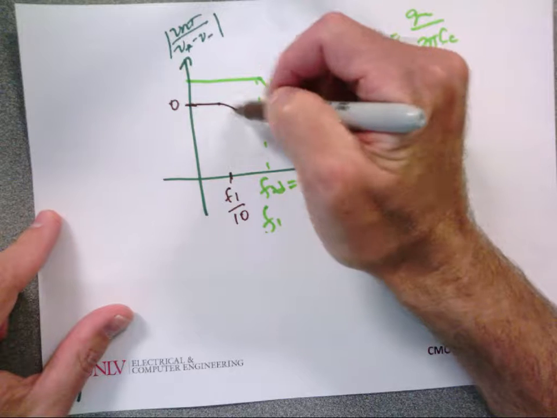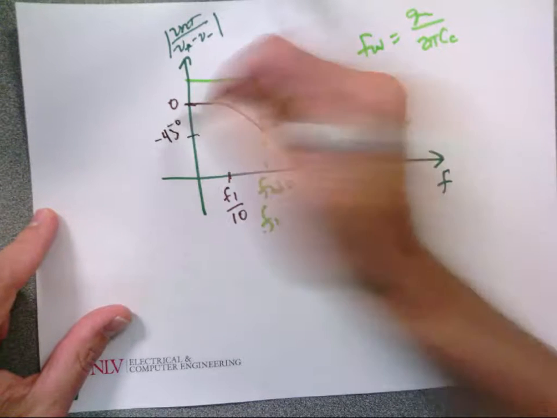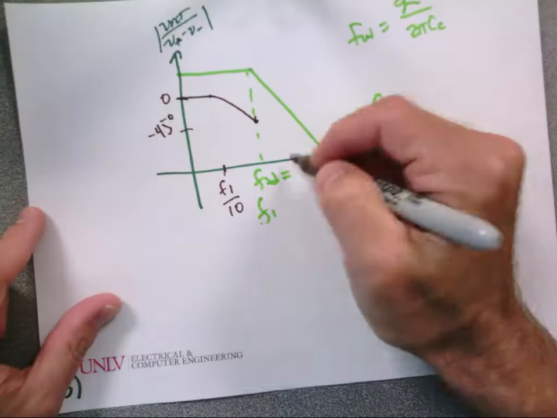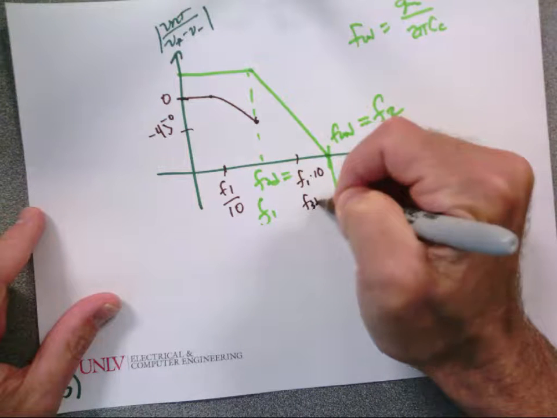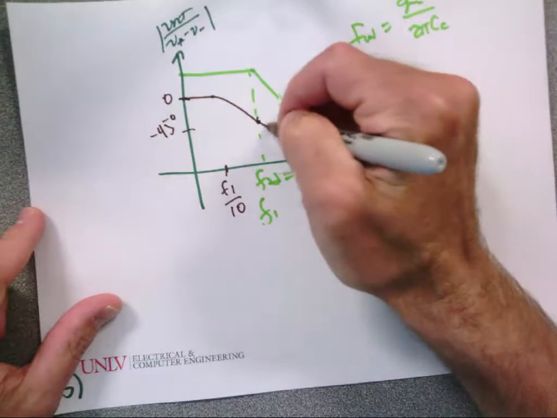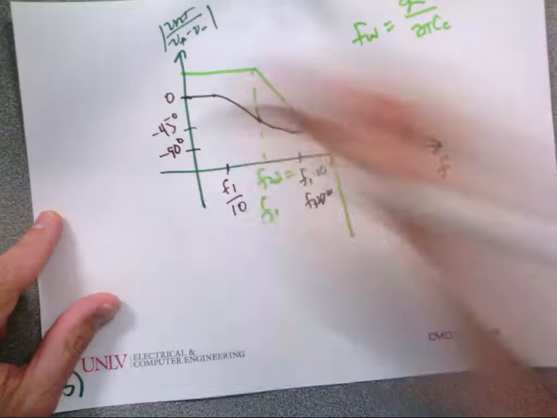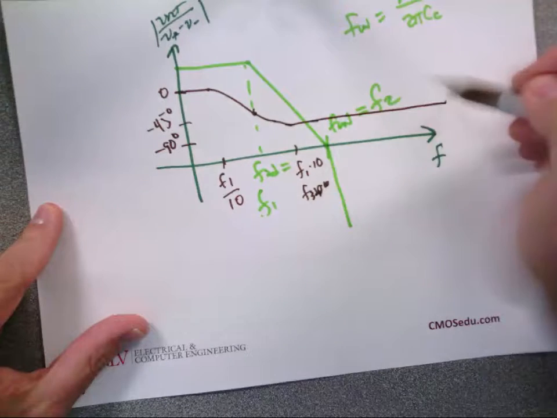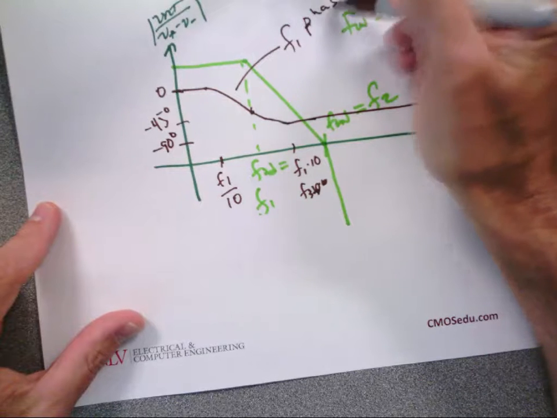At the 3 dB frequency, it's minus 45 degrees. Then at F1 times 10, or F3 dB times 10, we're at a phase shift of minus 90 degrees. This is due to F1. Does everybody follow that?